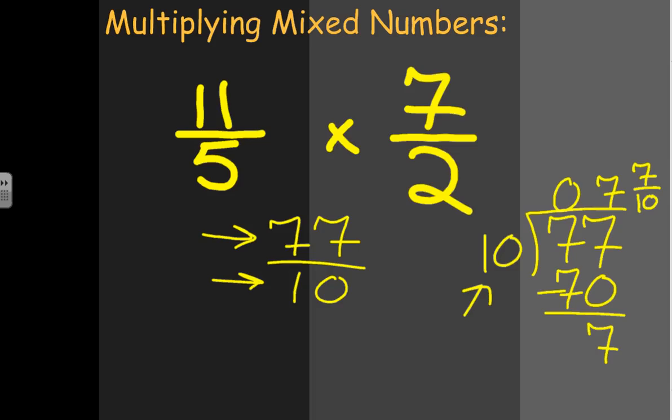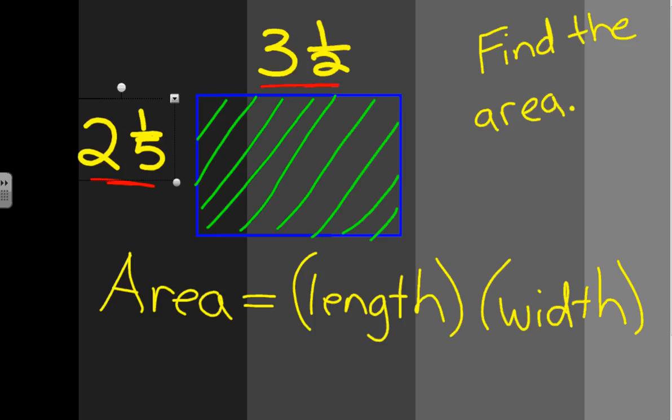Now, let's look at another problem. This problem involves finding the area of a rectangle. You can see the rectangle in blue. And the measurements are 3 1/2 inches times 2 1/5 inches. If we plug it into the formula, area equals length times width, the length we have at 3 1/2 inches.